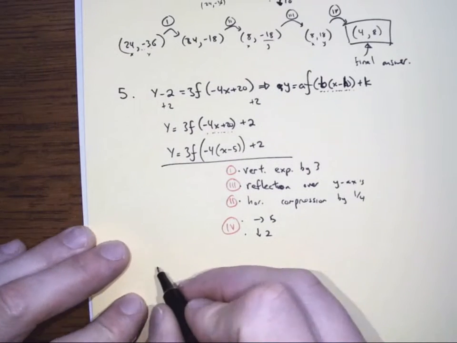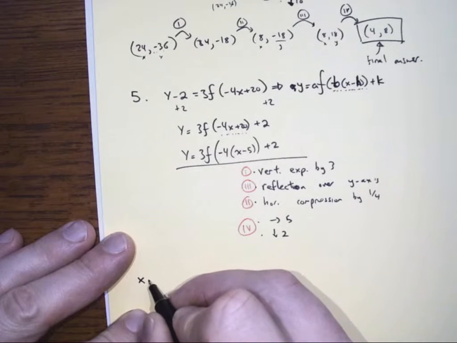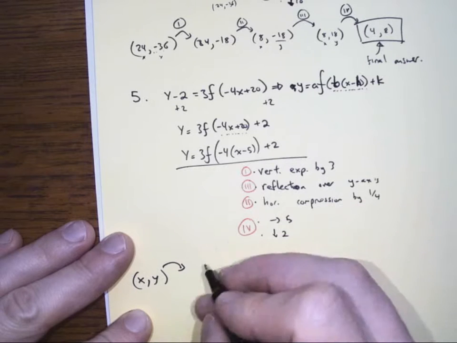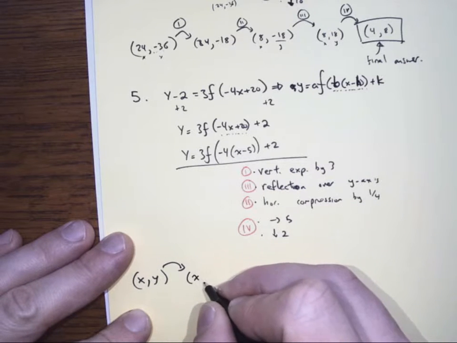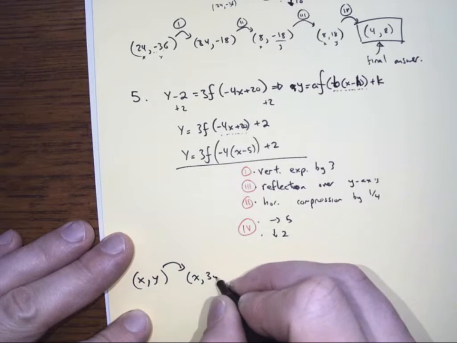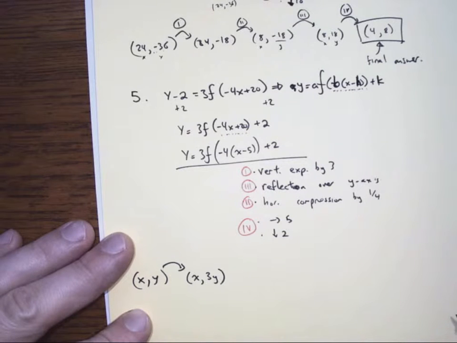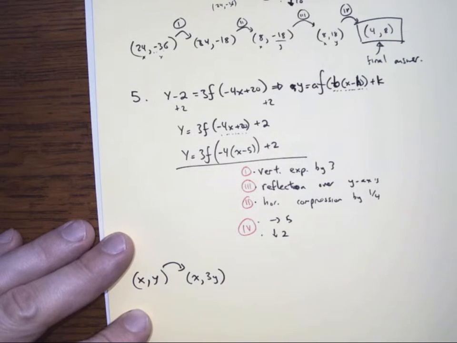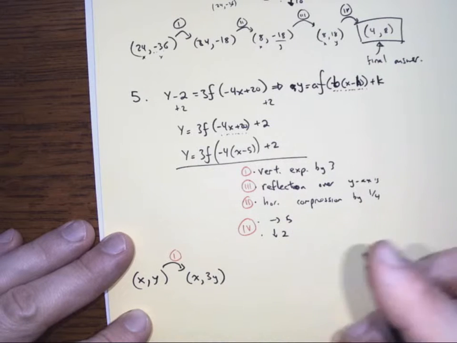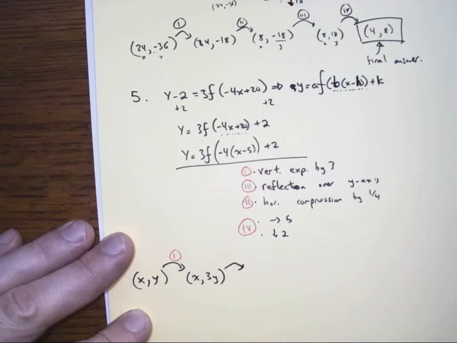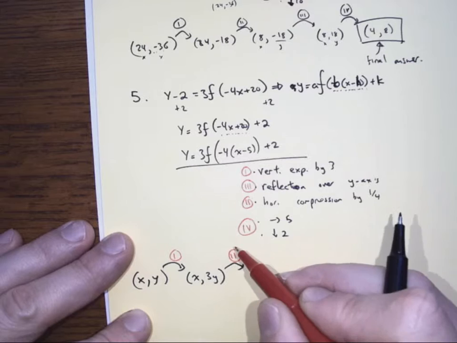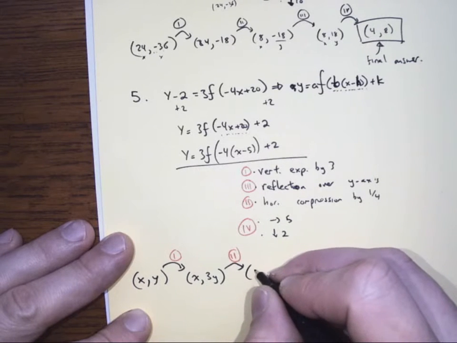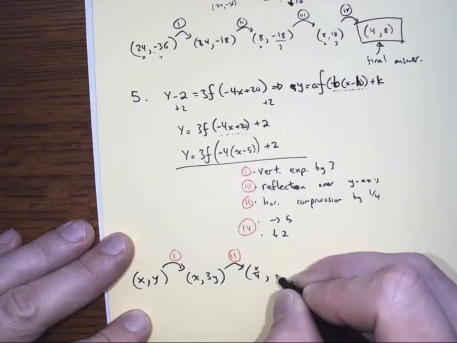So the point (x, y), after we're expanded vertically by 3, is replaced by the point, well, x isn't changed, but now instead of y, we have 3y. Now we're going to manipulate it so that we horizontally compress by a quarter. That's going to affect the x value and replace it with a quarter of the x value.